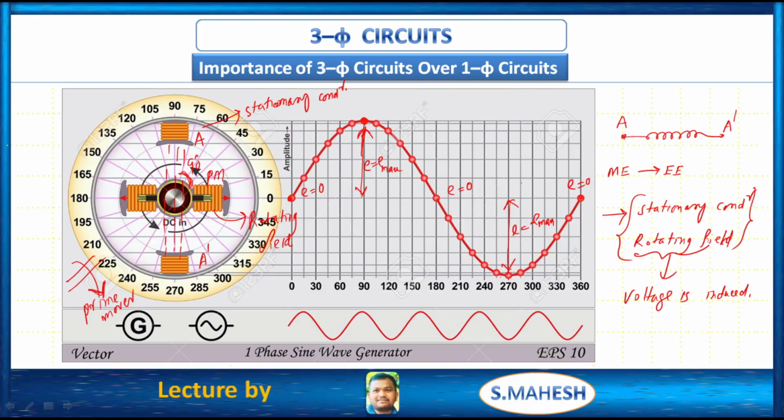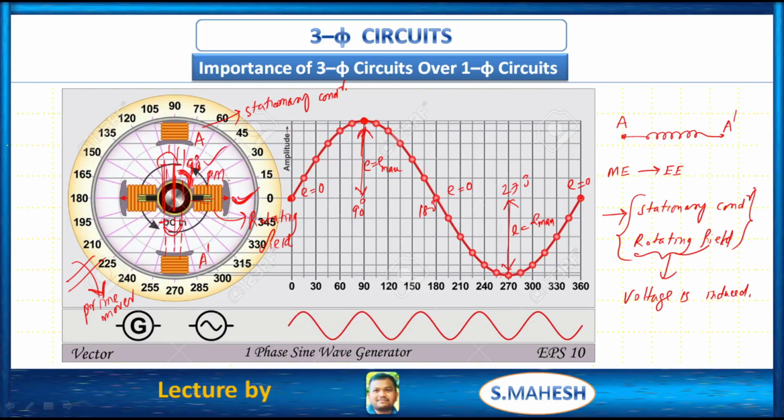This is 90 degrees, 180, 270. 0 is the orientation of the permanent magnet. This is the actual representation of 90 degrees. Between the flux lines and the orientation of the conductor, which are displaced by 90 degrees, obviously we have maximum EMF.